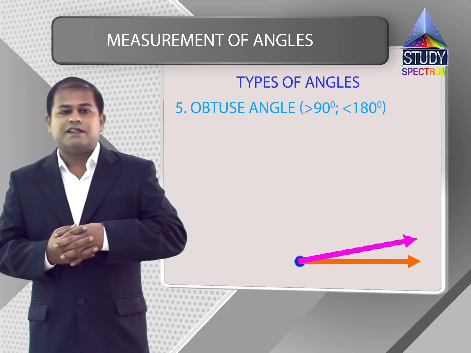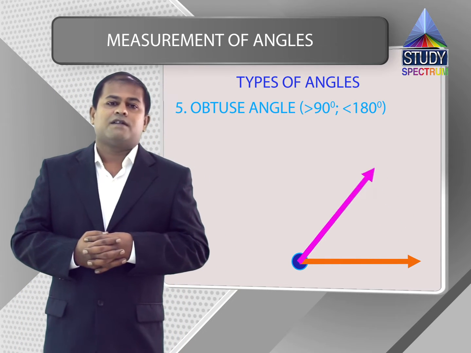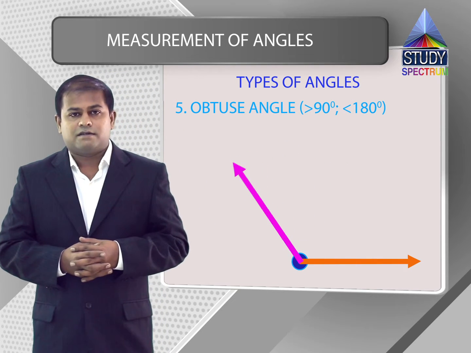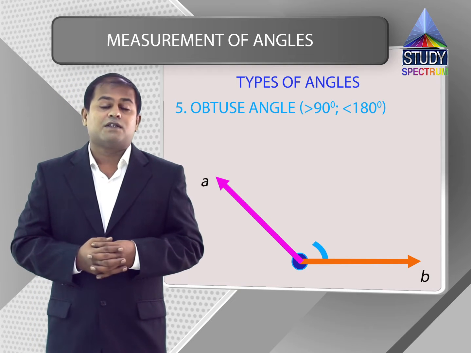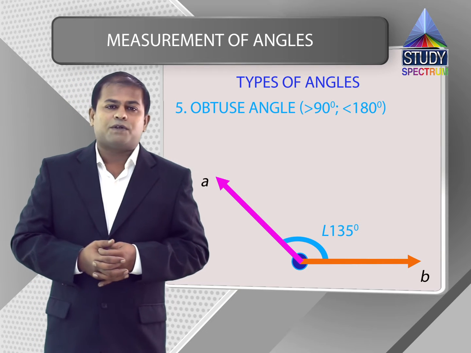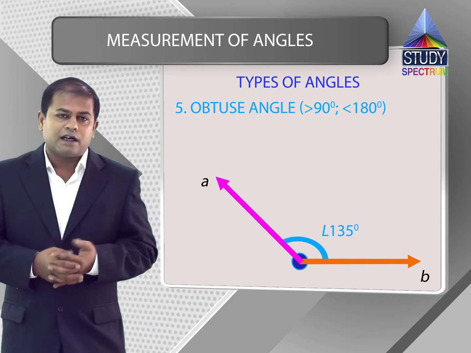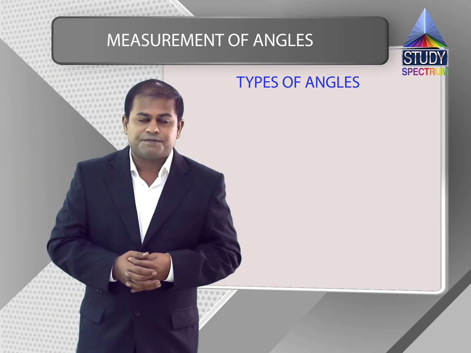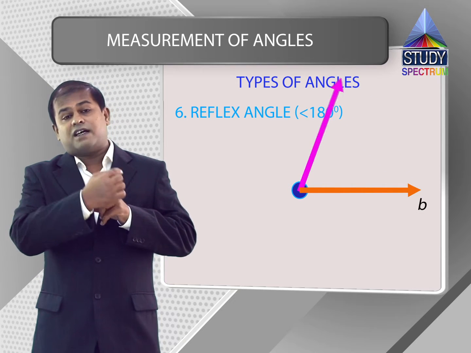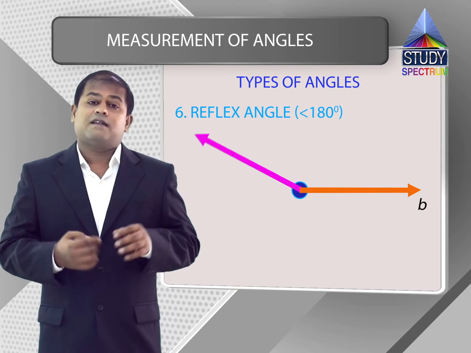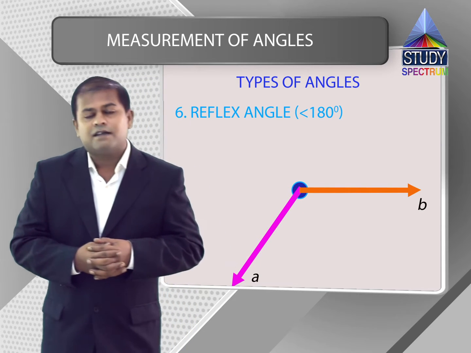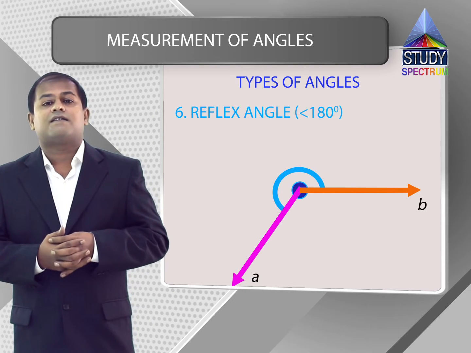Obtuse angle: if the rotation given to one of the arms is more than that in right angle, then the angle is obtuse angle. Its measure is greater than 90 degree and less than 180 degree. Reflex angle: if rotation given to one of the arms is more than that in straight angle, then the angle formed is known as reflex angle.